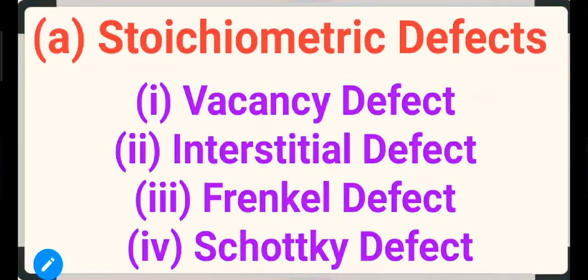That means total positive charge and total negative charge must be equal, with defect or without defect. So in all of the examples, one thing is common: all ionic compounds maintain their neutrality, with defect or without defect. So keep in mind, all ionic compounds with or without defect will show neutrality.